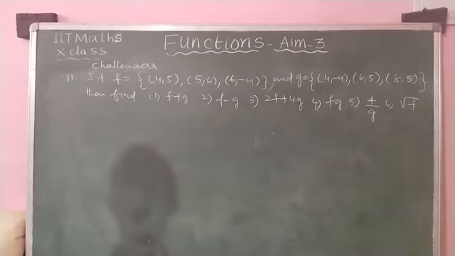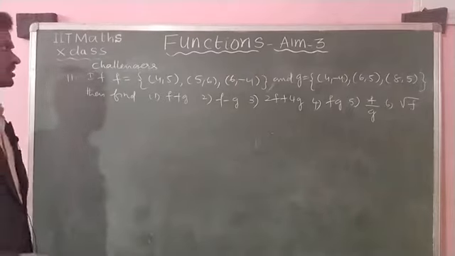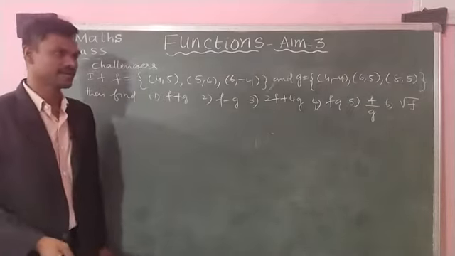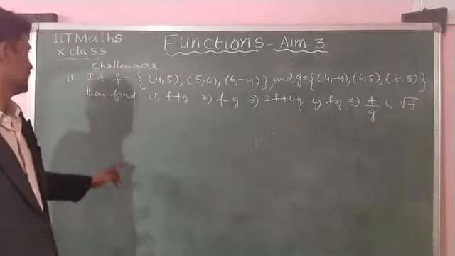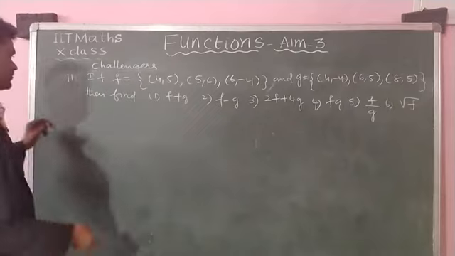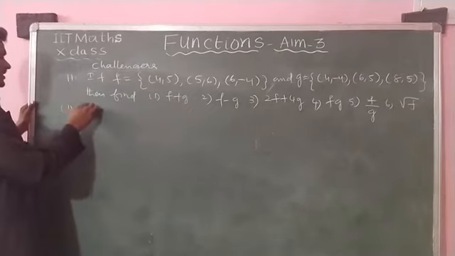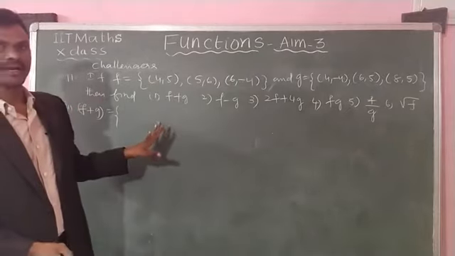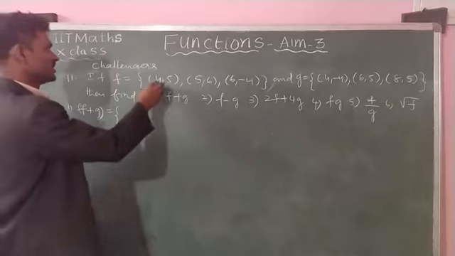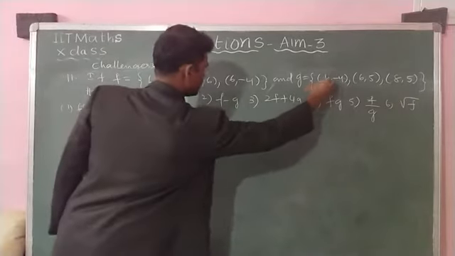Okay, next, 11th problem. If f is equal to the set of ordered pairs (4, 5), (5, 6), (6, -4) and g is equal to (4, -4), (6, 5), (8, 5), then find the value of f plus g. First one is f plus g. See here also the domain is the same and the codomain you have to change. Here you take 4 from the domain.